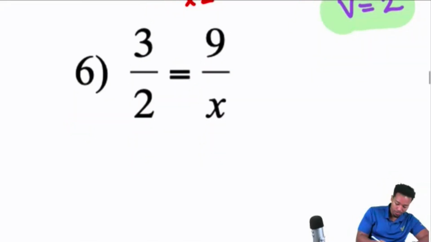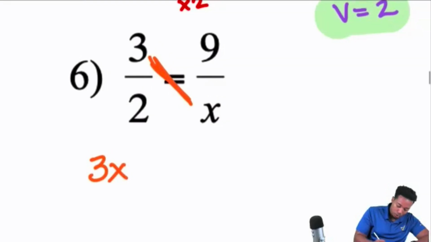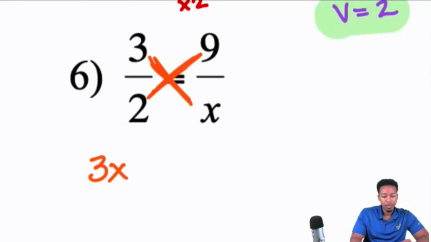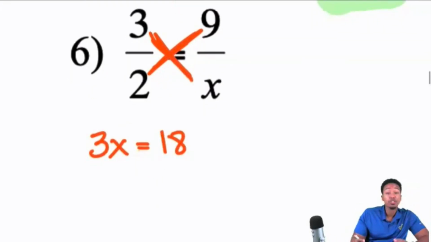So 1, cross multiply and divide. Help me out, everybody. 3 times x is going to be what? That's going to be 3x, correct? 2 times 9, everybody hit me. 2 times 9 is going to be 18, correct? And so what we're going to do here is, again, we're trying to get that x by itself here.